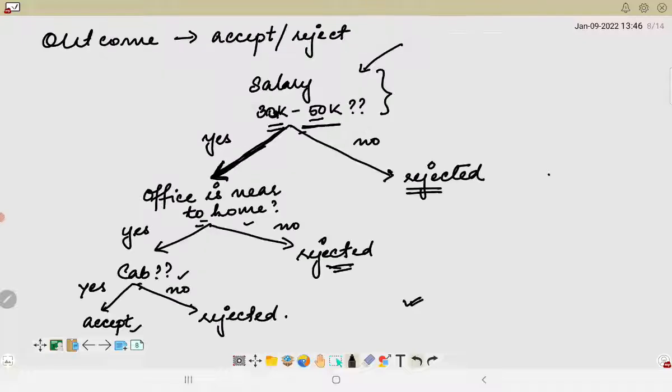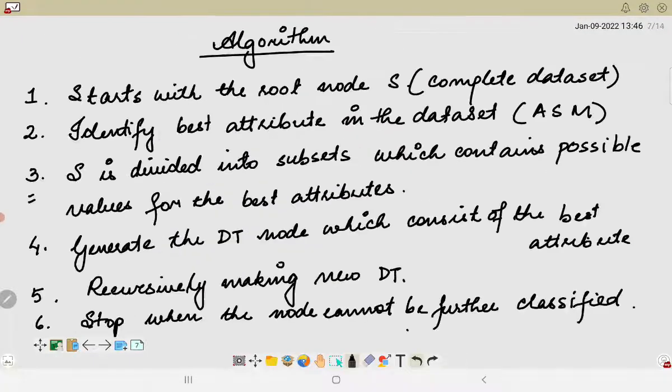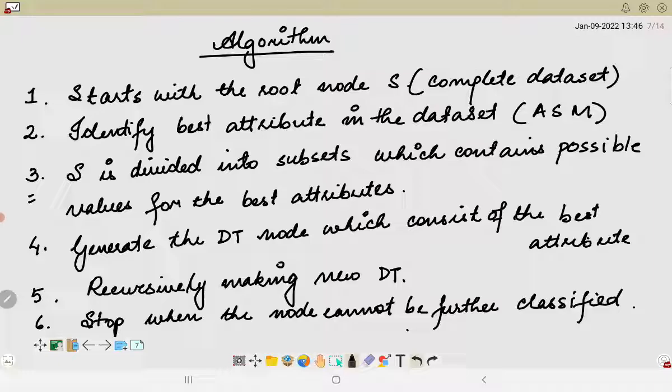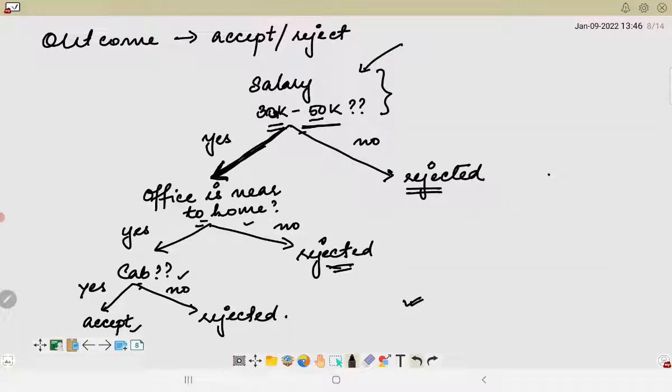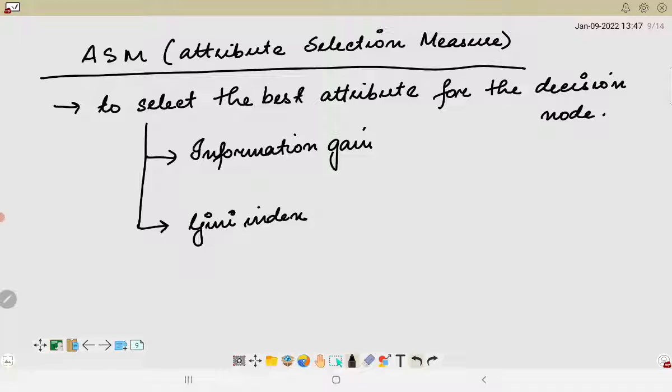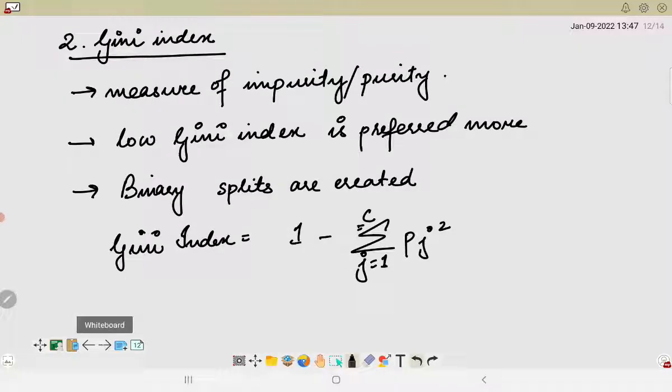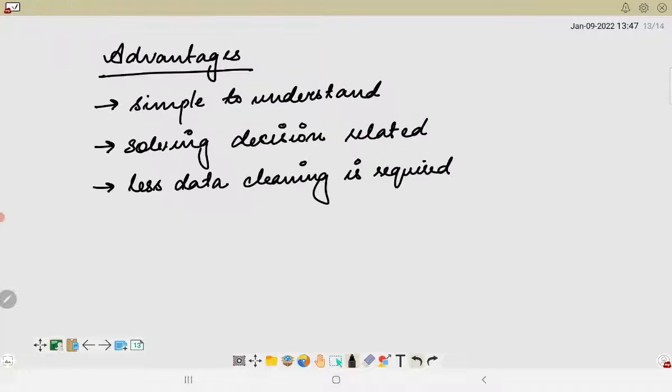So we talked about a lot of things in this video. We talked about how a decision tree looks, how we can create one, what the different components are, how the algorithm looks with a generic example, and the different attribute selection measures, including the equations for information gain and Gini index, along with the advantages and disadvantages.